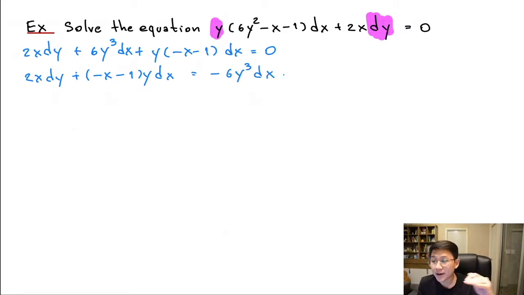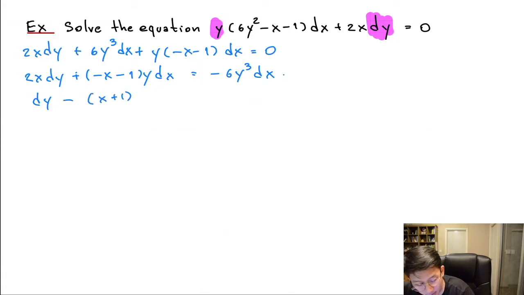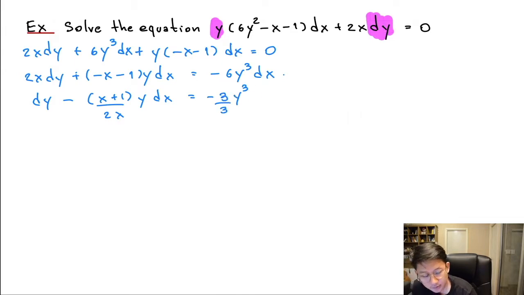And then I divide the whole thing by 2x. So I get dy minus x plus 1 divided by 2x y dx equals minus 3y cubed divided by x dx.